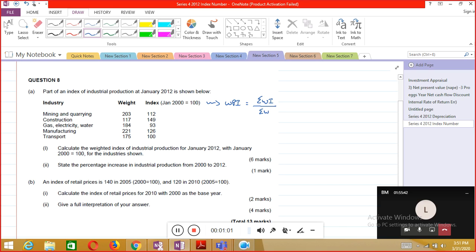That is what they want you to calculate in part 1: the weighted index of industrial production for this entire industry.